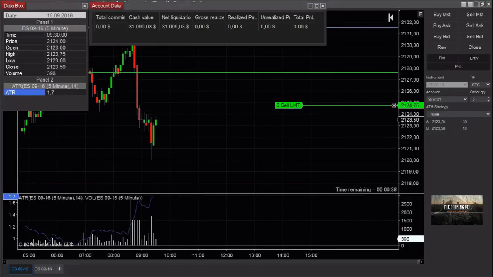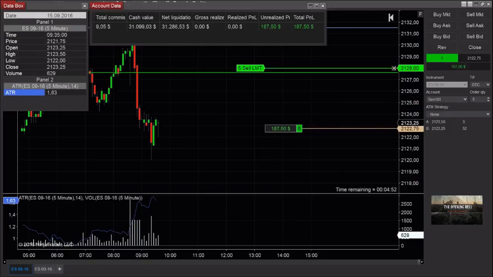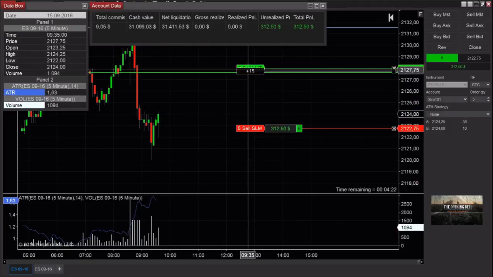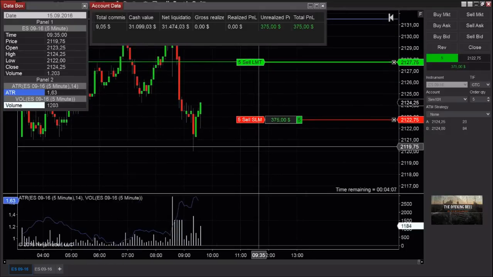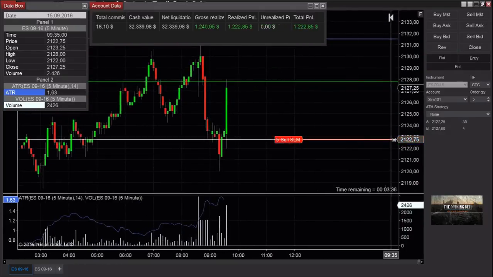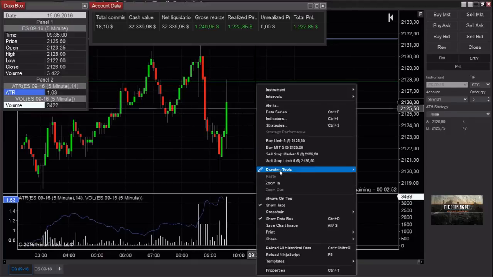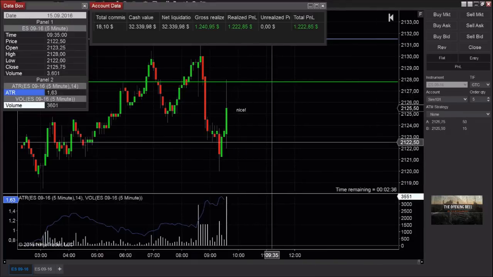Let me just double check the dates here. The 15th is already Thursday, so we missed one trading day completely, and Friday we will probably miss as well. But never mind, that was nice.